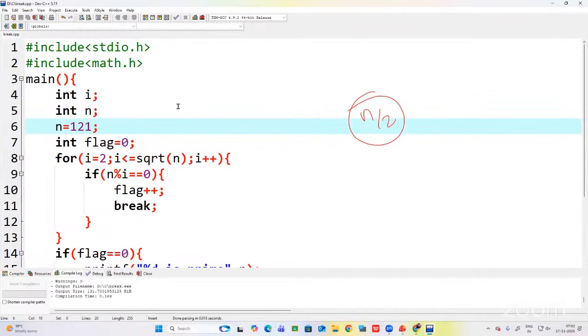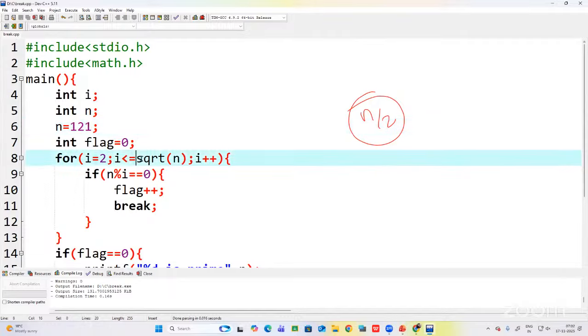I don't want to waste time explaining this. I suggest you go and practice how this can be reduced and what is the logic behind it. It is something to do with mathematics, not with programming, but this is the most efficient way that I can think of to determine whether a given number is prime number or not. Okay, even if you don't understand that, n by 2 method is still fine.